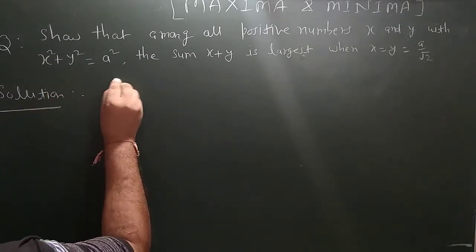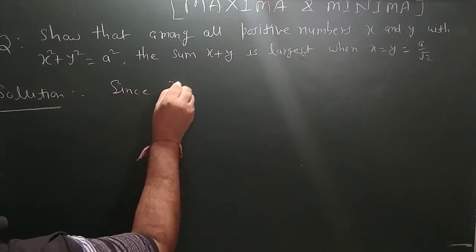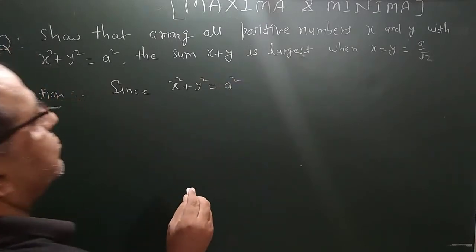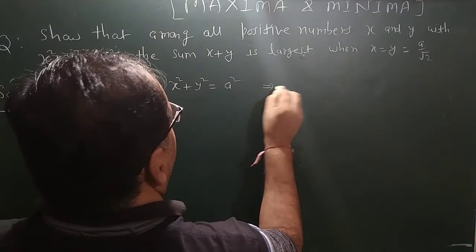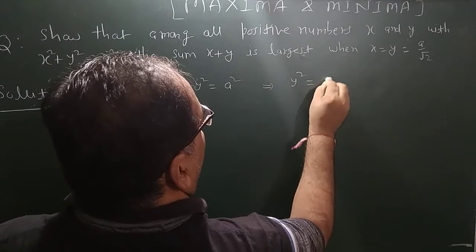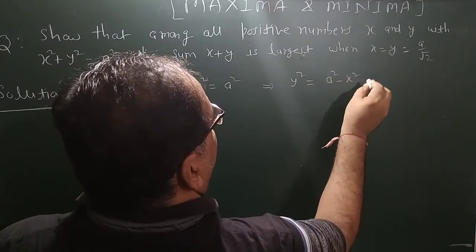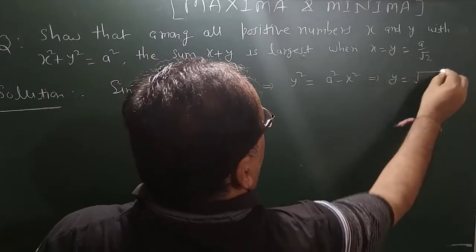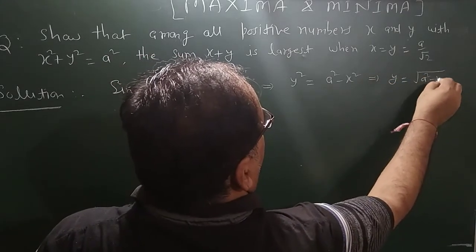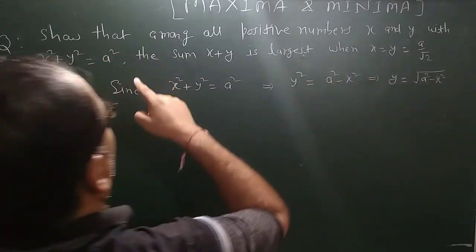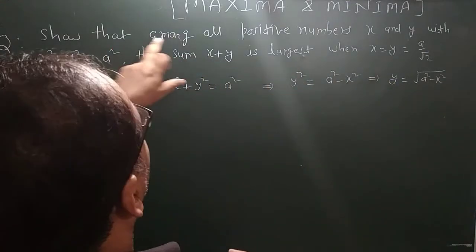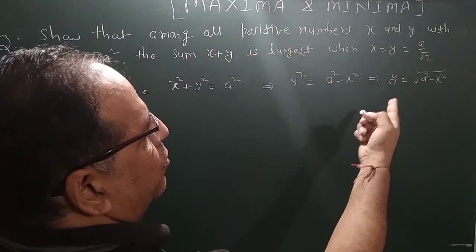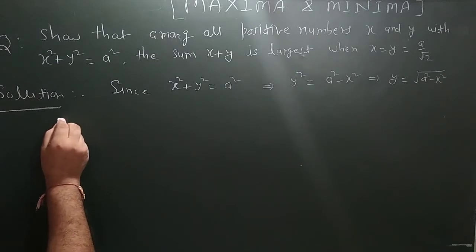Since x square plus y square equal to a square, we have y square equal to a square minus x square, or y equal to under root of a square minus x square. We are taking the positive sign only because we have to find all positive numbers.